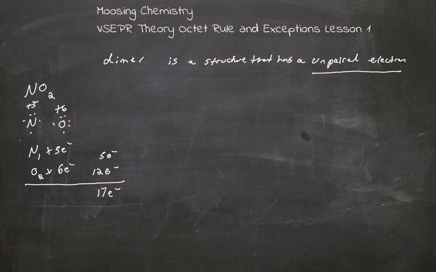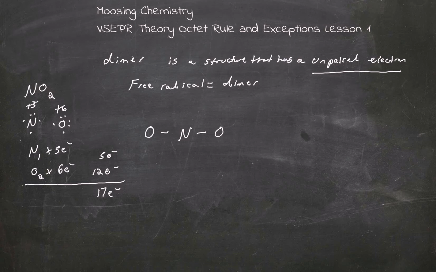So now what are we going to do? We're going to create something called a free radical, which is also another name for a dimer. Free radical equals dimer. Okay, just want to put it out there. So when we do our structure, we're going to go N and O and O. Now, let's go ahead and connect our O's to our N, and then we're going to fill in our electrons here.